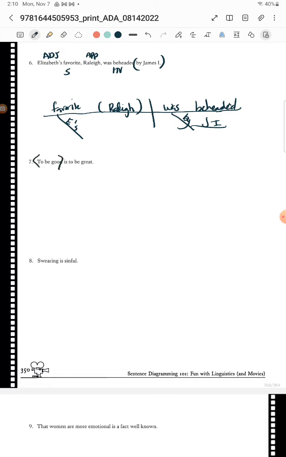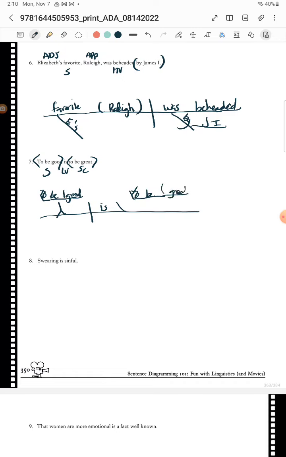To be good is to be great. So we have two infinitives. One's the subject, one's the subject complement. Okay, so we have to be what? To be good is what? Is to be how? To be great. That's pretty cool. It's a nice sentiment.